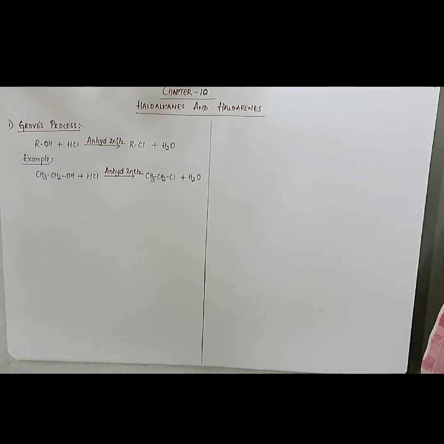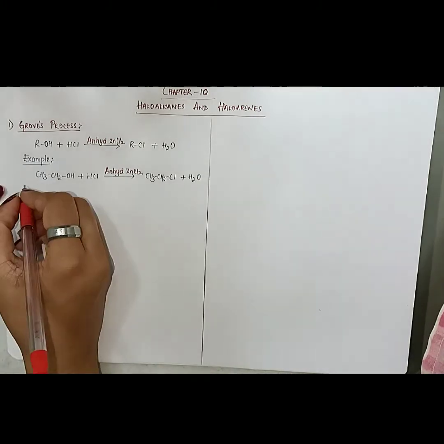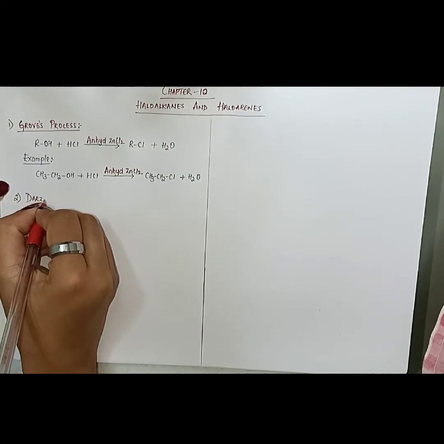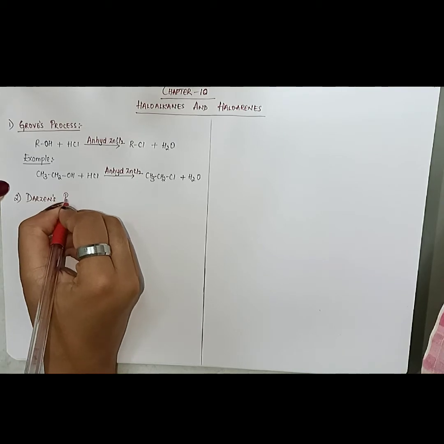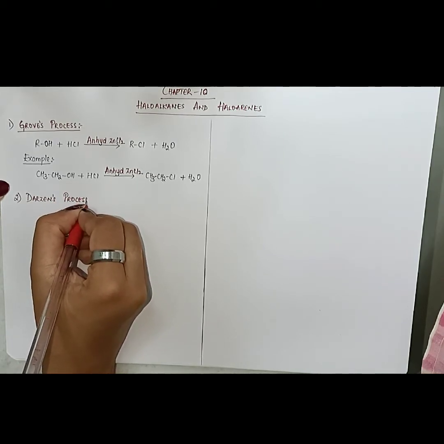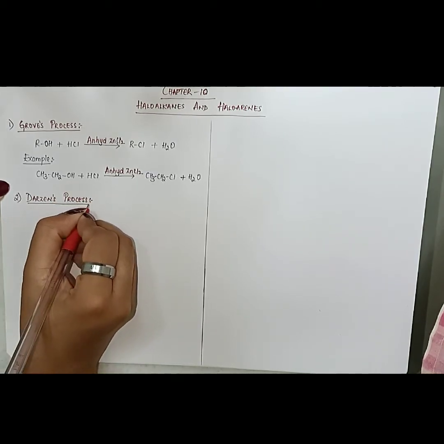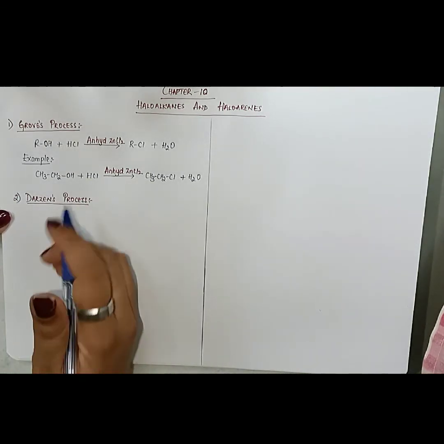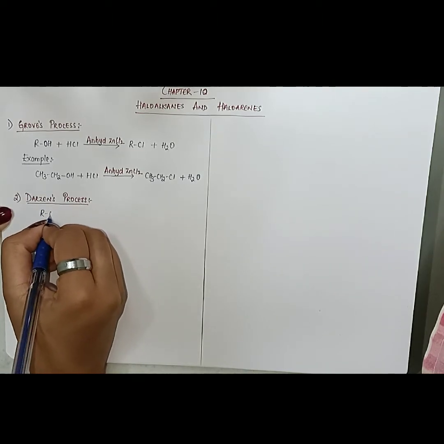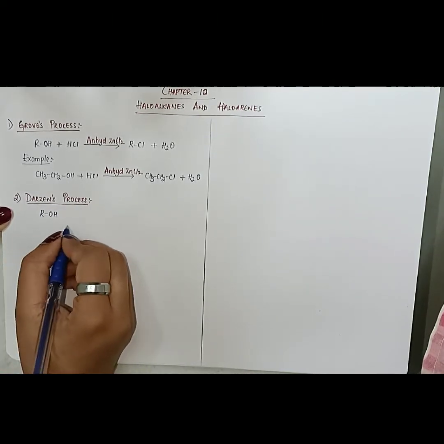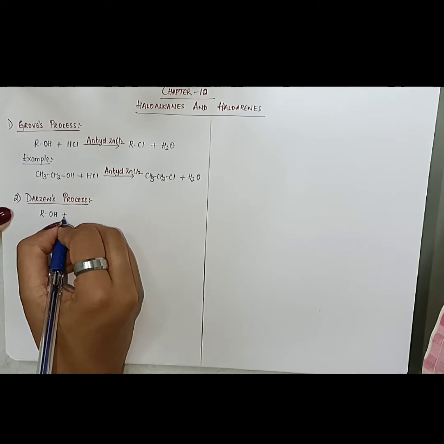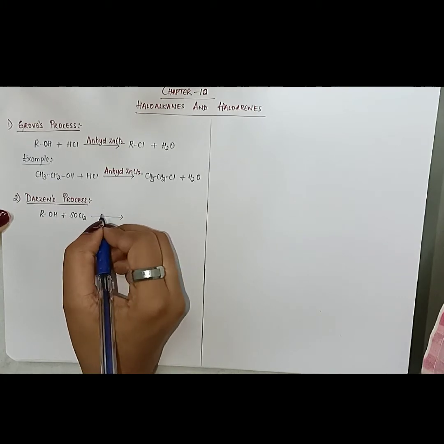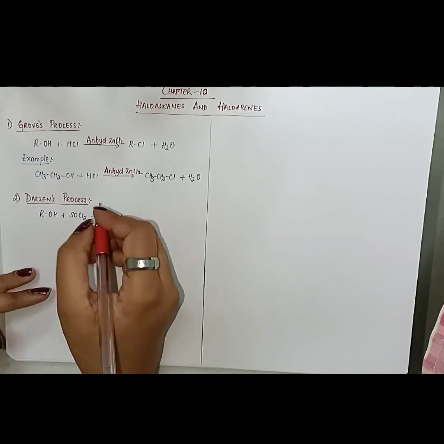Now the second process is Darzin's process. Now for this particular reaction, we are going to take alcohol ROH plus we need to take thionyl chloride SOCl2, and this is going to happen in the presence of pyridine.